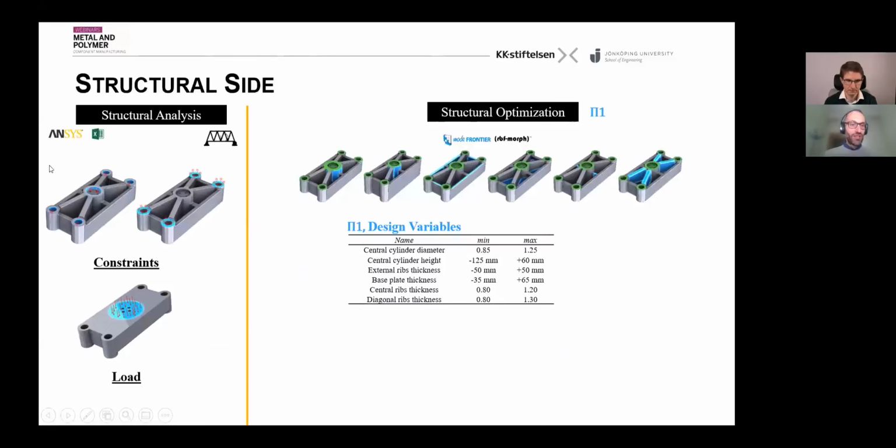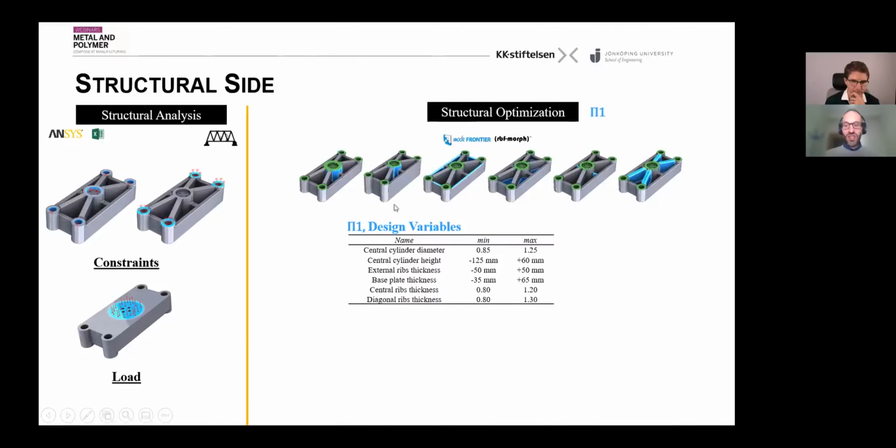Here we used ANSYS and Excel to map the load and to drive the change on the geometry. At that time, we used SolidWorks as a parametric CAD file to change the geometry. Then there were some constraints on the holes and on some areas, and of course the load applied.